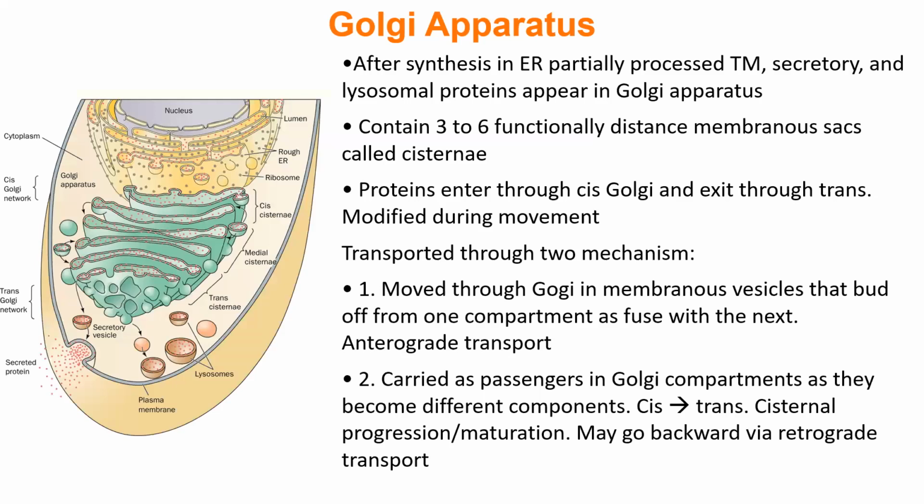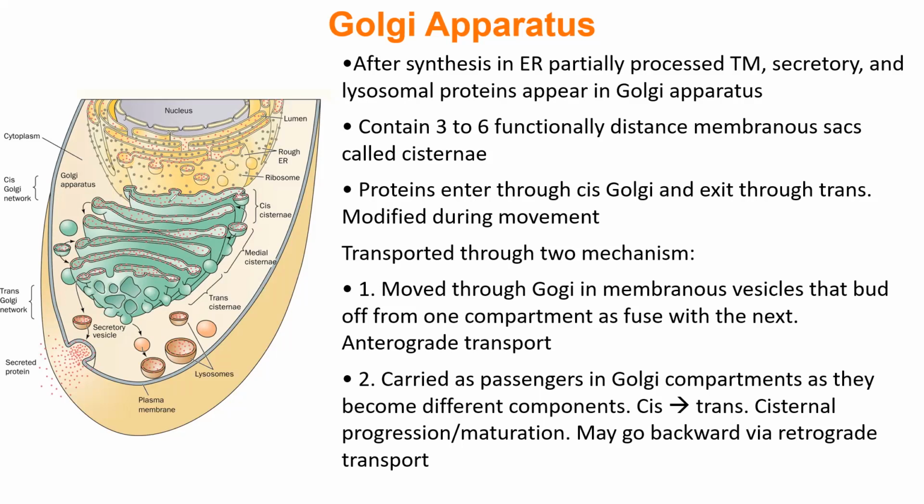All right. So now what we're going to talk about is how we go from the ER to the plasma membrane. And the way we're going to travel to the plasma membrane is via the Golgi apparatus. So after our protein has been transported to the ER and it's finished processing and it's folded, we have to go through the Golgi to continue our process.